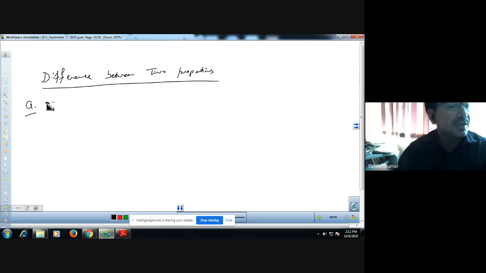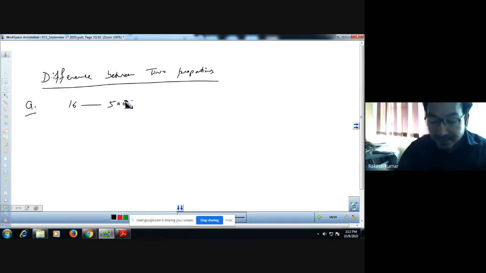This is the only difference between today's class and yesterday's class. In yesterday's class we had only one sample, but in today's class we will have two samples with different sample sizes. And the question is, a machine has produced 16 defective items out of 500.